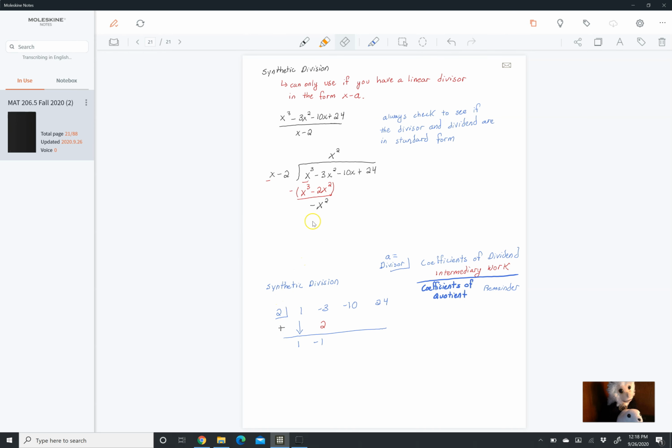And once again, now here in this one, we have to bring down. We don't have to bring down anything in synthetic division. Okay, here we divide, we multiply, we subtract, and we bring down.